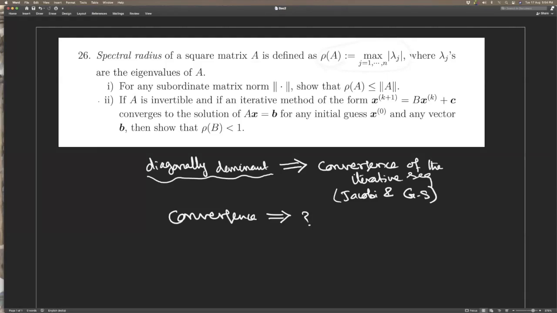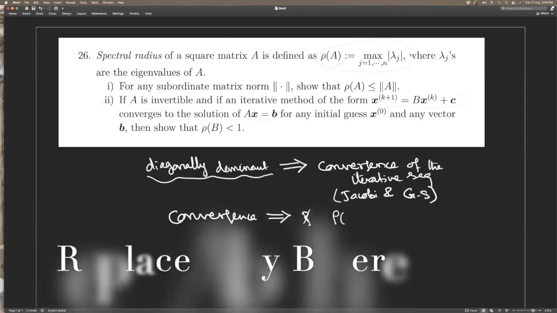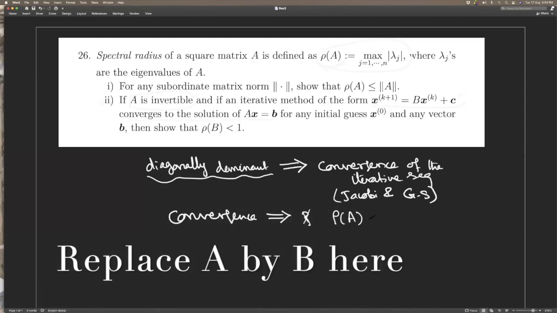Now, the second part of the problem is what is interesting for us. It says that if the coefficient matrix A is invertible, that is very important, and if the iterative method is of this form, which covers both Jacobi and Gauss-Seidel, and if this iterative sequence converges, then the spectral radius is less than 1.